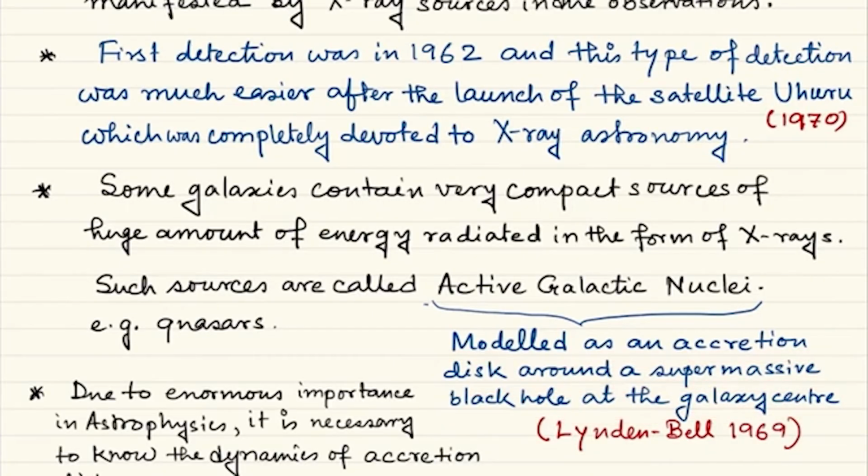So you understand what is the meaning of that? I said that an active galactic nucleus is a very compact, very local part, a part with a very small volume inside a galaxy.